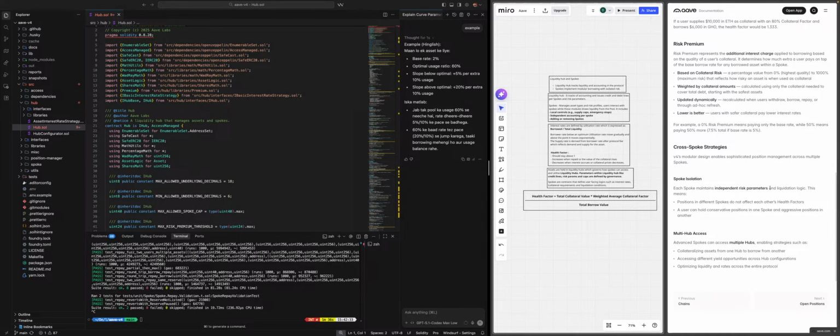A percentage value from 0 to 1000. Yeah, I'm quite confused about the risk premium.